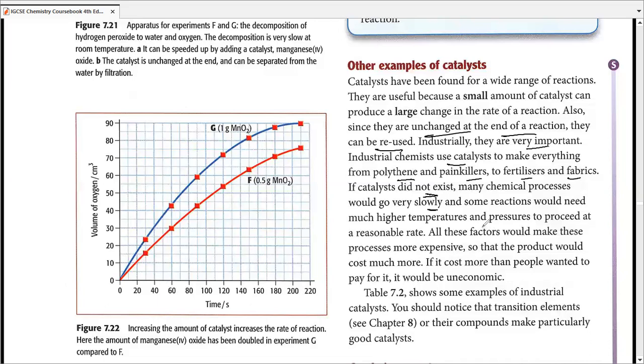It would have taken too many hours or even days to digest that food. If the catalyst did not exist, the proteins we love to enjoy and digest, or the fats we love to enjoy and digest, would not digest so easily. So they actually speed up the reaction, and the reaction proceeds at a reasonable rate. It becomes economic, it becomes good, it becomes a little bit faster.